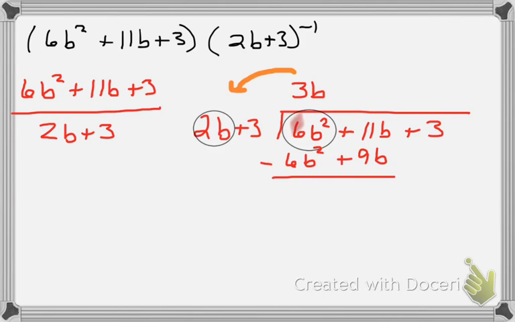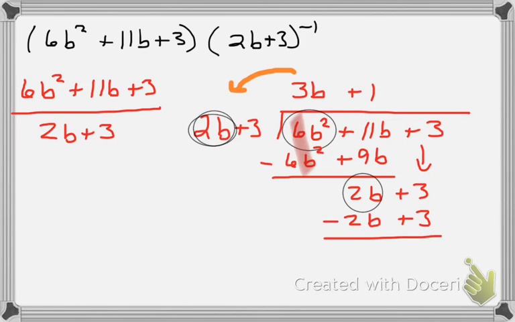Subtract. 2b times what is 2b? 1. That's just 2b plus 3. You get a remainder of 0 again.